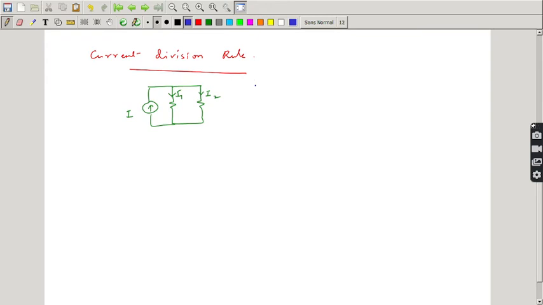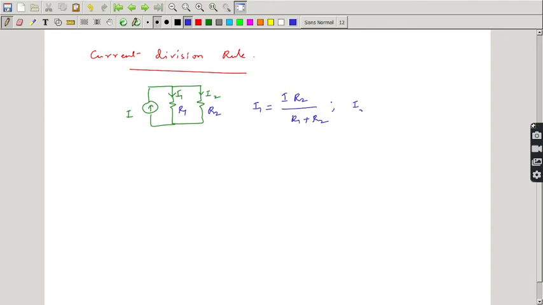This resistor is R1 and this resistor is R2. I1, the current flowing through R1, is the total current I times the opposite resistance R2 divided by the total resistance R1 plus R2.